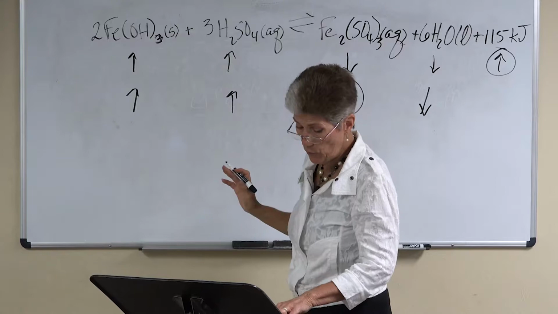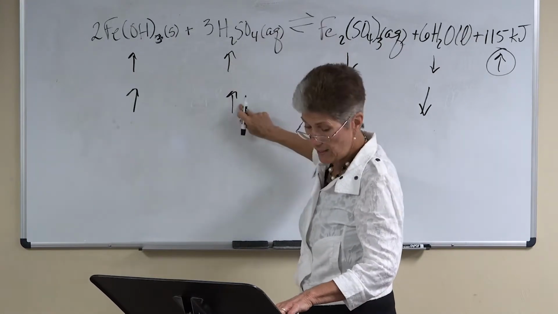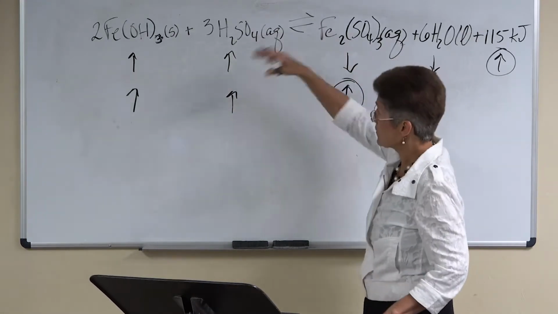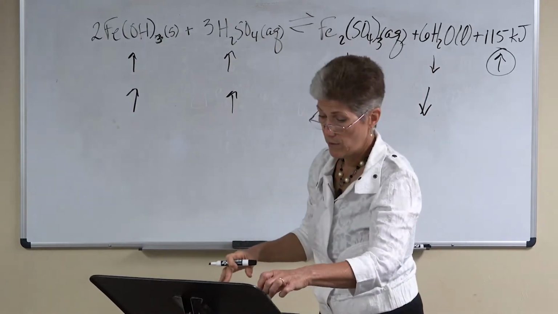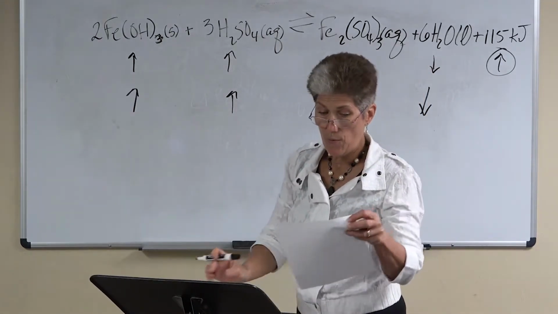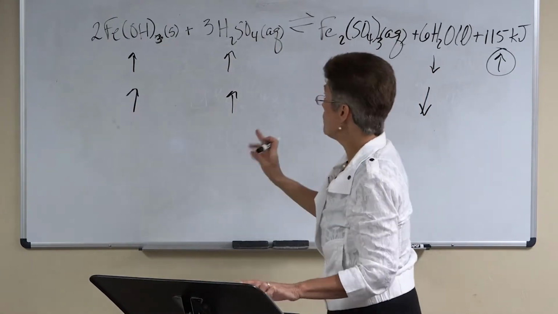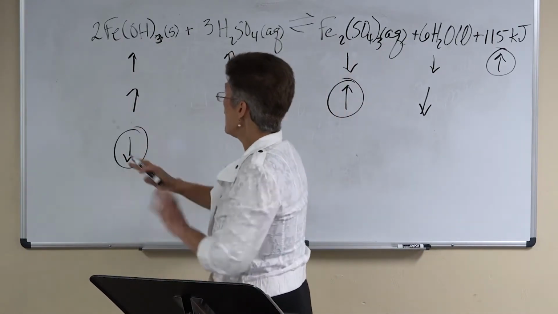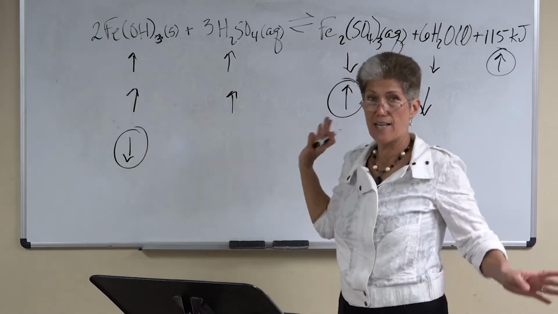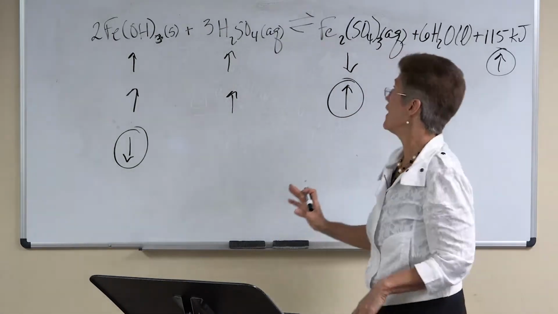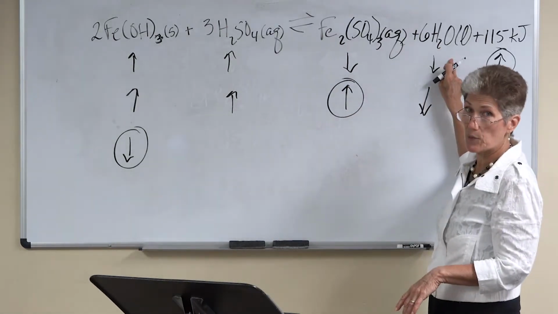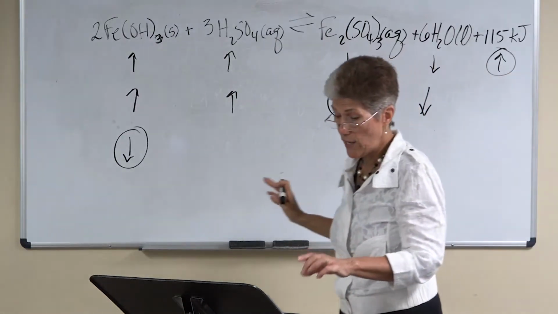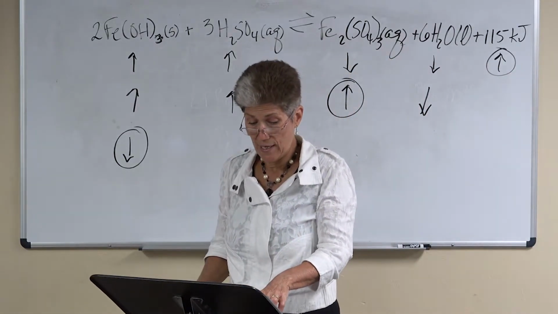And so we were looking for how it affected this, so this would increase, because once again, it's pushing everything in that direction. C, what will happen if we remove this? Well, if we remove this, nothing happens because that's a solid, and if we change that, it doesn't affect anything else. The same would be true if we did anything with liquid water. It wouldn't change anything. So the answer is it doesn't change anything.